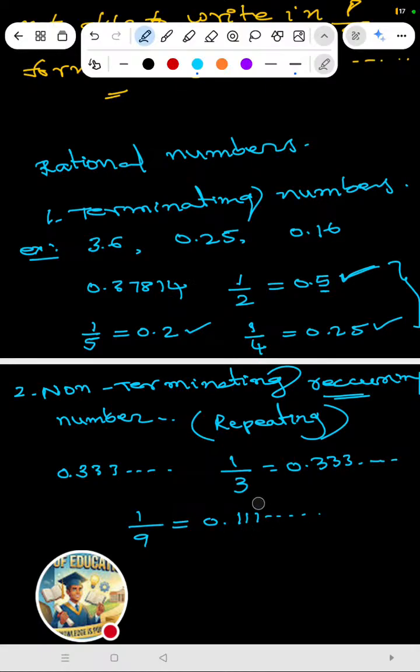Likewise, these are the non-terminating recurring numbers.